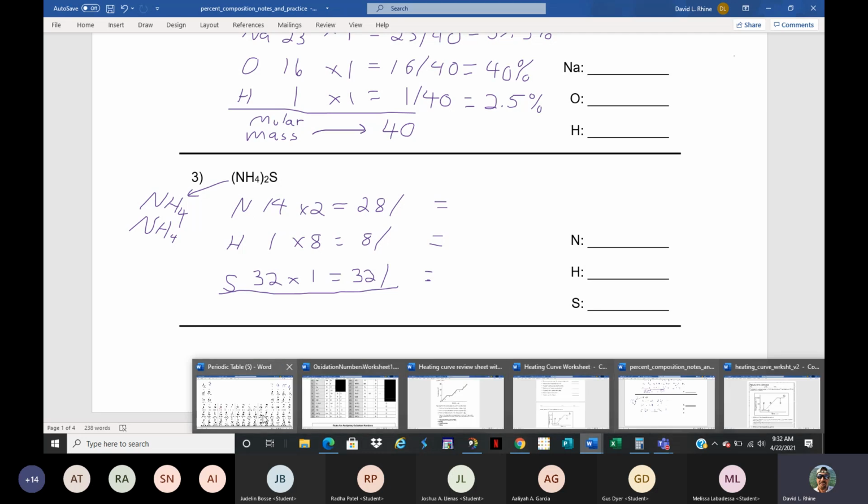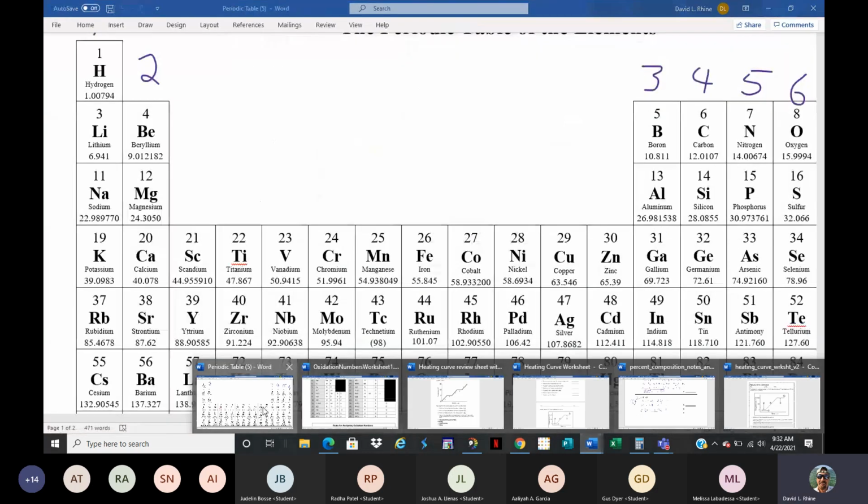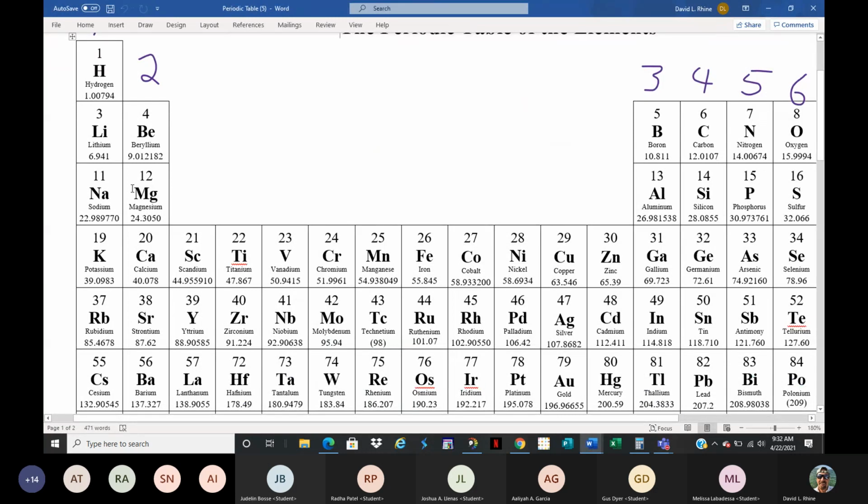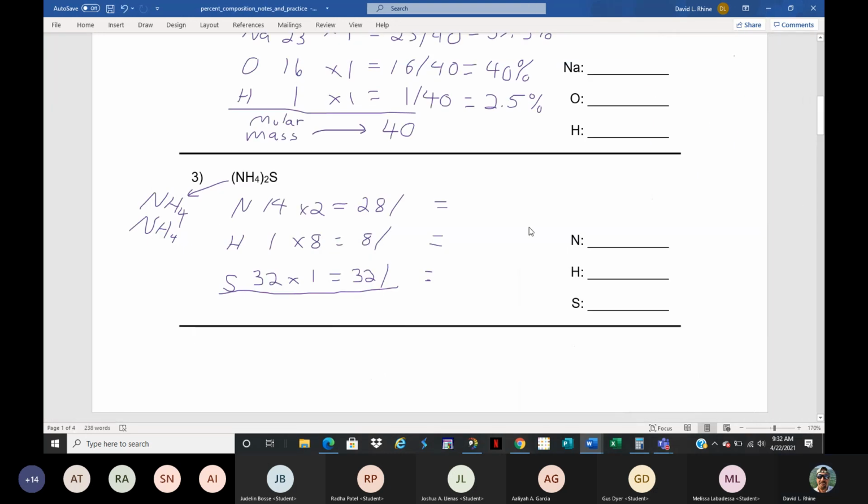Here, I'll just go there. Here's nitrogen, 14.00. Here's sulfur, 32.066. So I just round that to 32. And hydrogen is 1.00. So we round that to 1. Okay. Add that up. And that is 68.